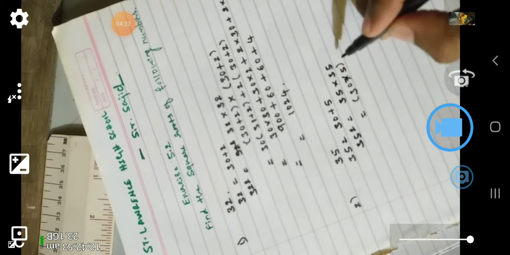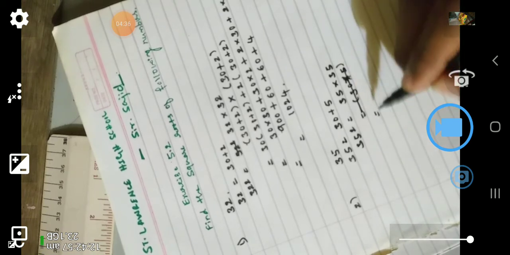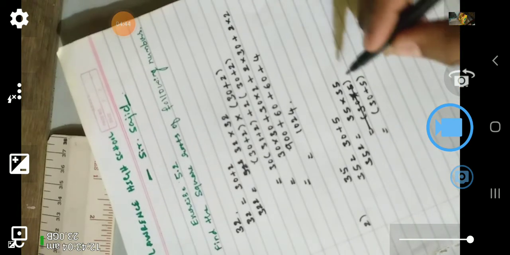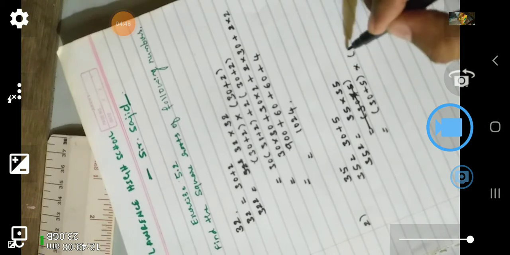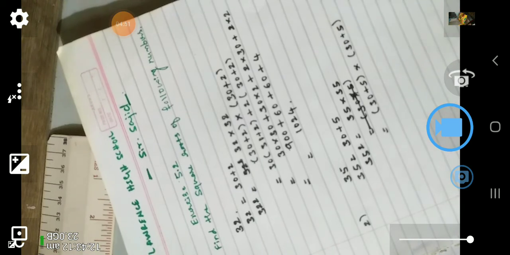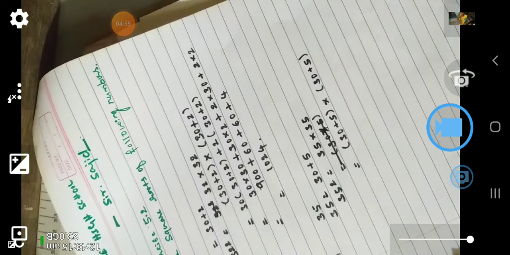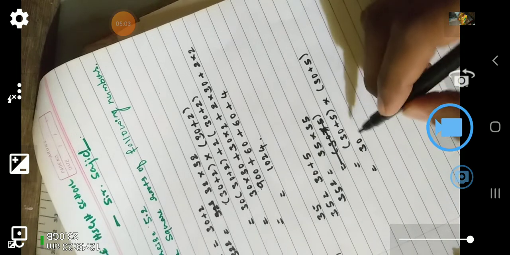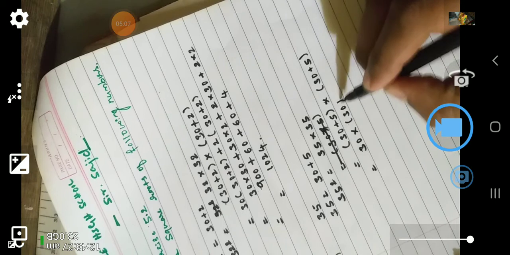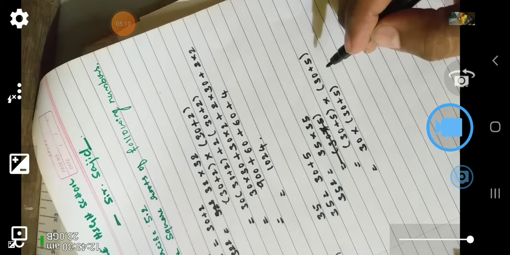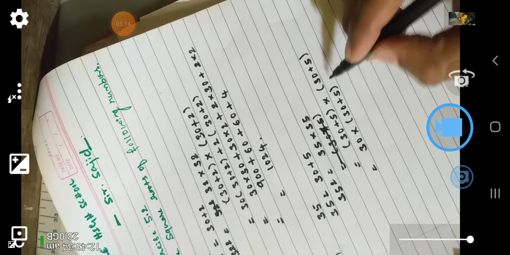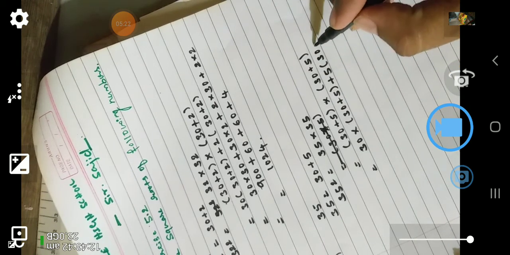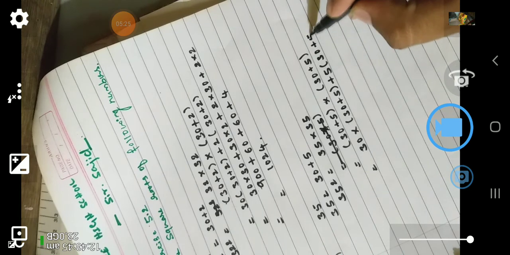So I'm going to write 30 plus 5 into bracket 30 plus 5 again, then multiply this: 30 into 30 plus 5, plus 5 into 30 plus 5.